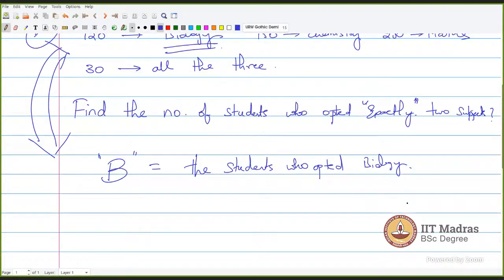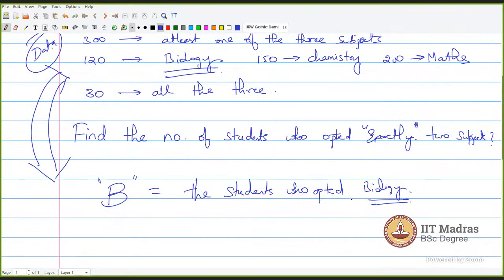It tells me only about biology, nothing about chemistry and maths. So there can be students in set B who opted for chemistry also, or all three also, everything.